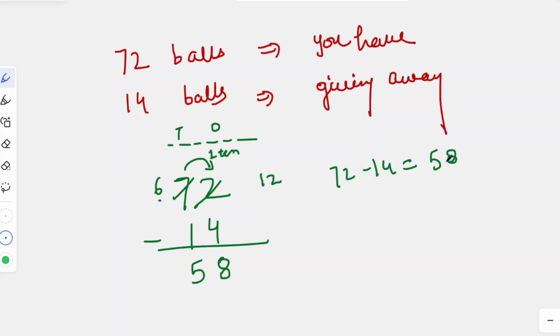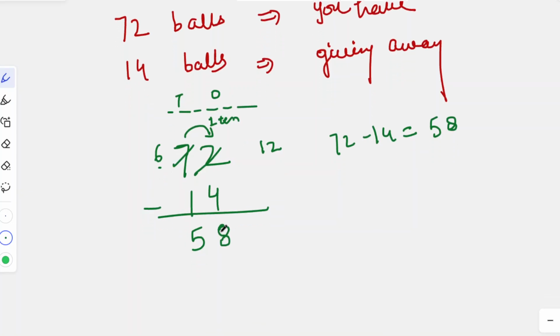Now, what we did just now, it's a concept we call borrowing or regrouping. When you face a situation where the subtraction involves subtracting a bigger number from a smaller number, then we need to borrow. All right. So now let us understand what are the common mistakes that happen during subtraction.